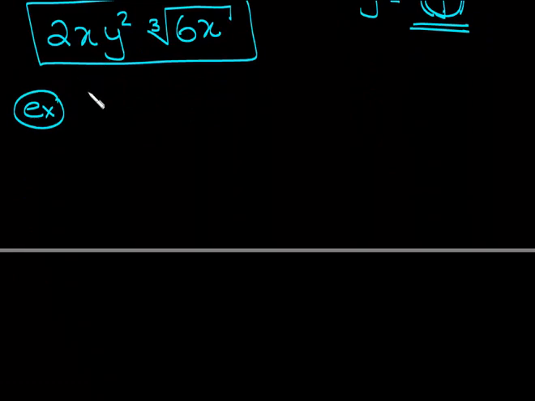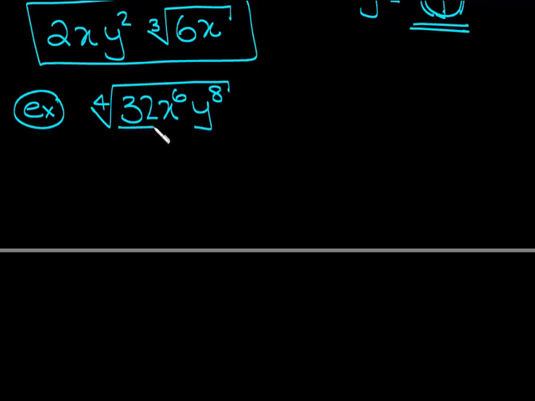Let's say I have the fourth root of 32 times x to the 6th times y to the 8. Let's take a look at that.